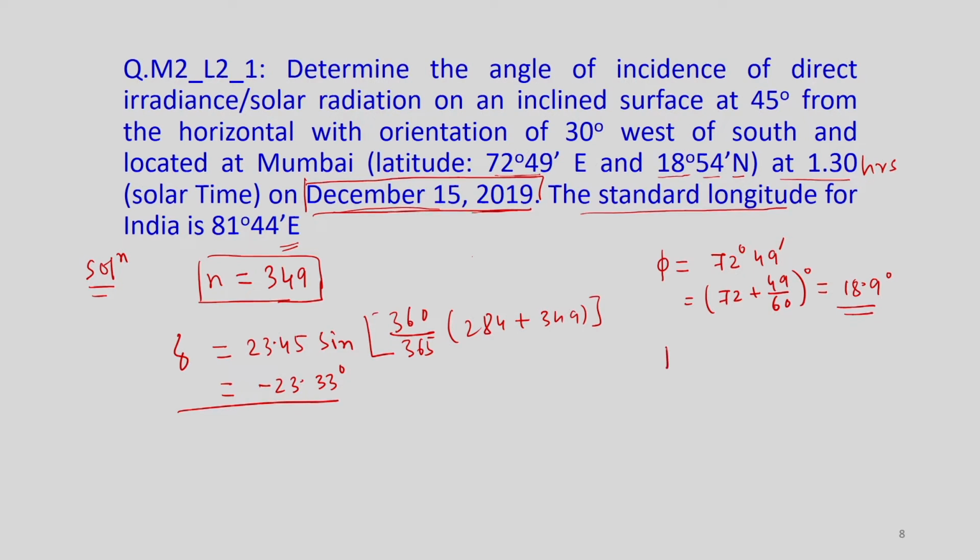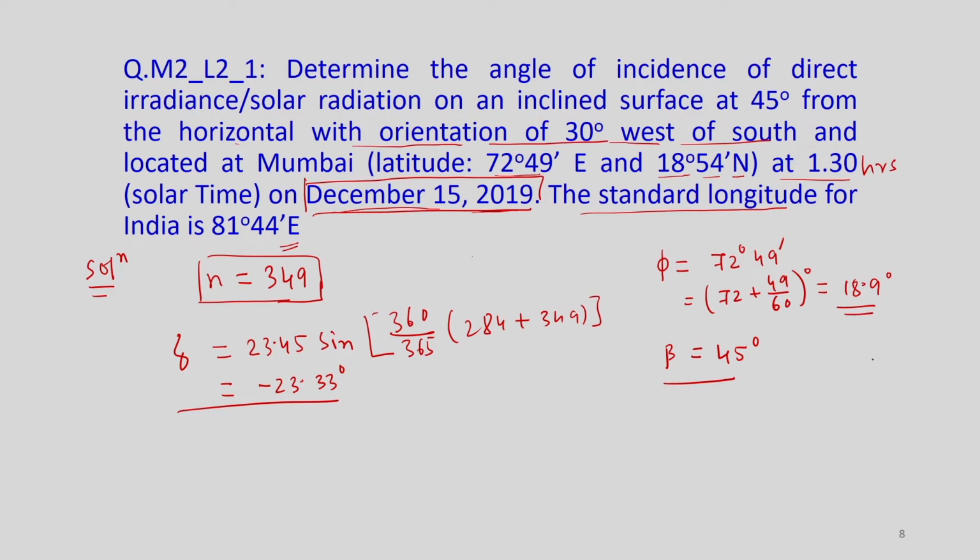And the beta value is given as 45 degree, and it says that this surface is oriented at 30 degree west to the south.